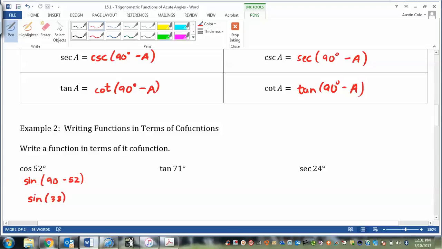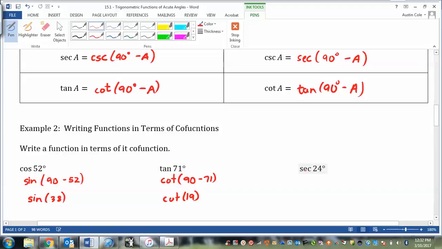So cosine 52 is the same as sine 38. Okay? What's the cofunction of tangent? So I know tangent 71 is going to be the same as cotangent of 90 minus 71, which is cotangent of 19.